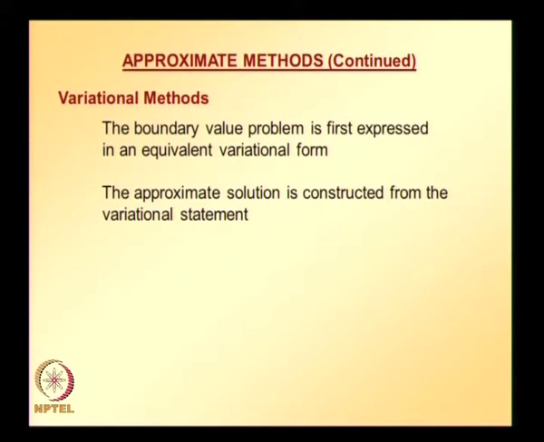So this is the broad outline of this procedure. Not all problems have an equivalent variational form, so that is the limitation of this method, and also for some physical problems it may be possible to develop the variational form from physical properties.